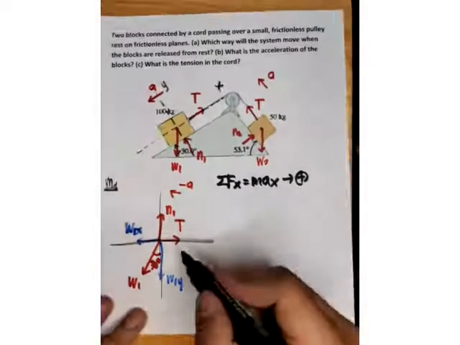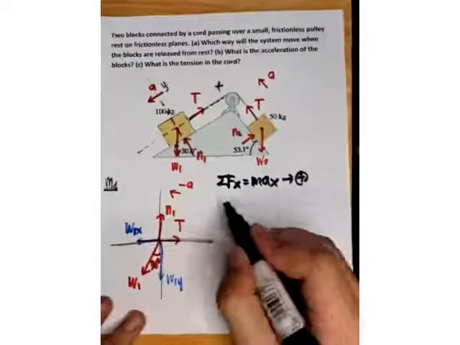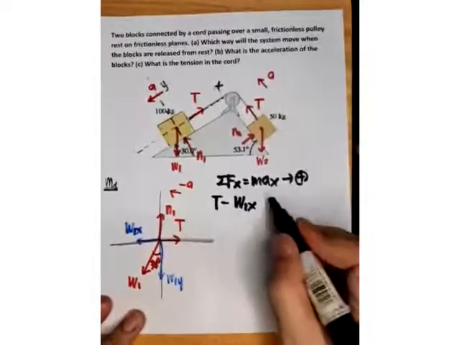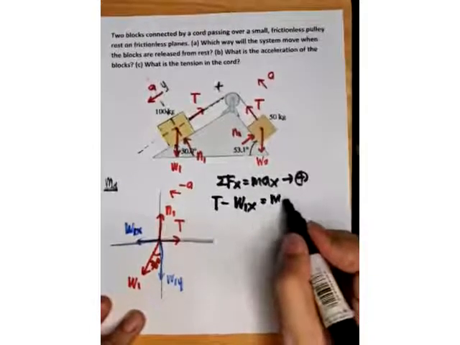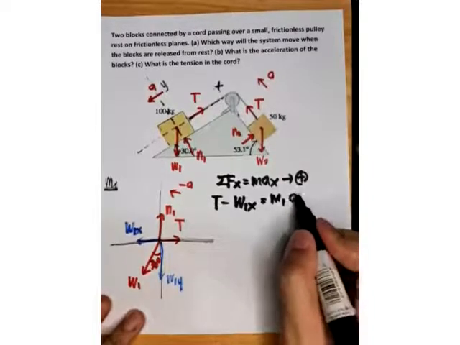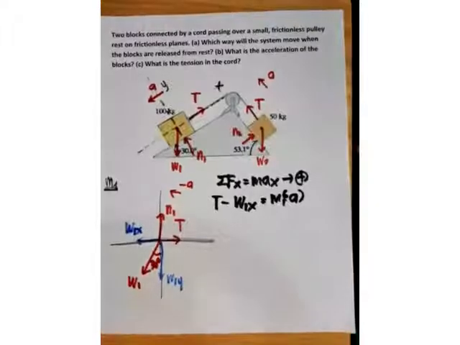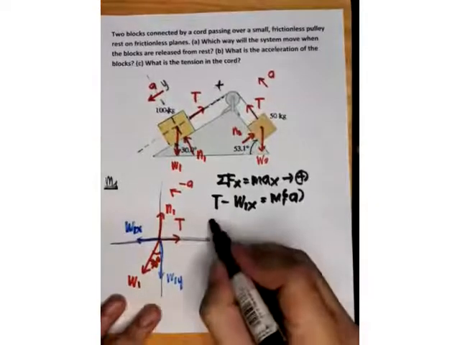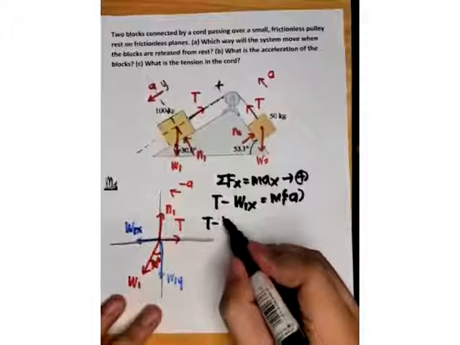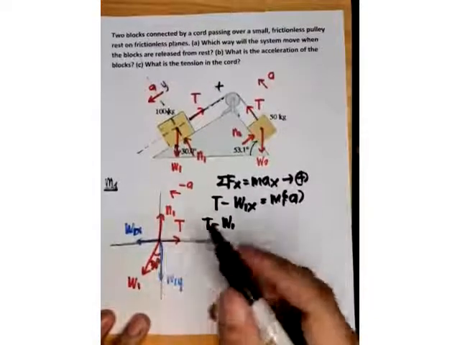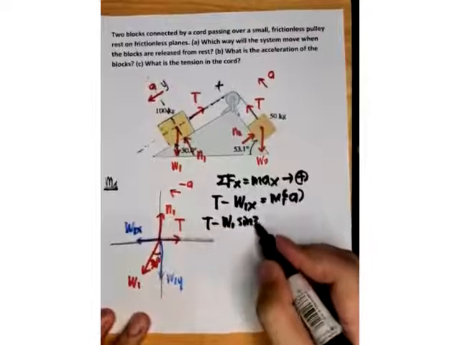Okay? Kung nasan yung acceleration and then tension. So, pakanan ay positive yung tension minus W1x. That's equal to mass 1 times negative A. So we have tension minus, ano yung W1x? So W1, since W, andito yung angle, opposite niya, so that is sine 30.